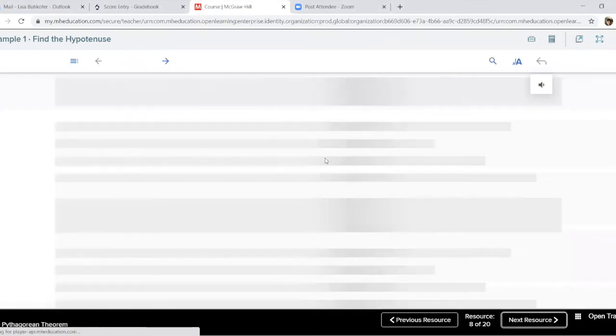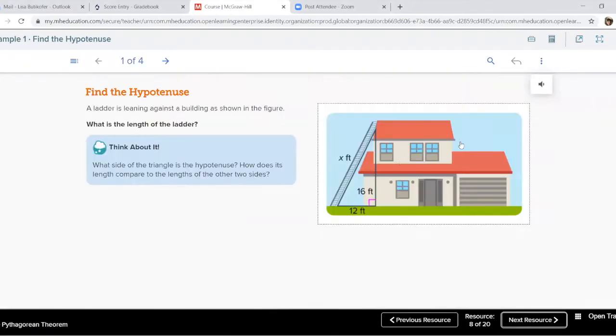Okay, so we're going to find the hypotenuse, which is your c squared. Here's our triangle right here. Remember, this is A, this is B, this is C. So a squared plus b squared equals c squared.